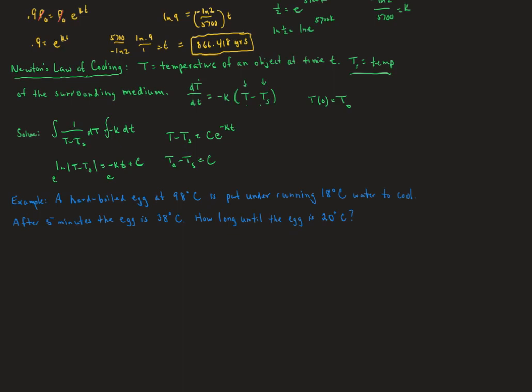Then we can say T minus T sub s is going to be T sub 0 minus T sub s times e to the negative kt power. You might see something like that as a formula given in some kind of physics textbook for Newton's law of cooling. We're not going to try to memorize that. It's just kind of an interesting thing to actually work out.